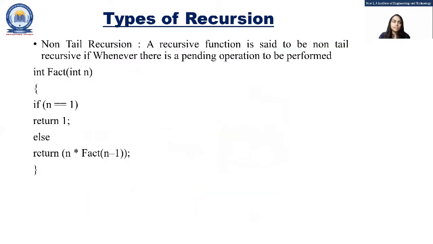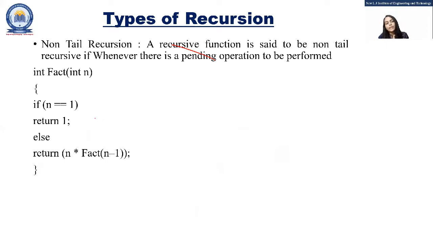Now the next is non-tail recursion, which is the opposite of tail recursion. A recursive function is said to be non-tail recursive if there is a pending operation to be performed, right? We have seen the example of factorial, which is a kind of non-tail recursion.